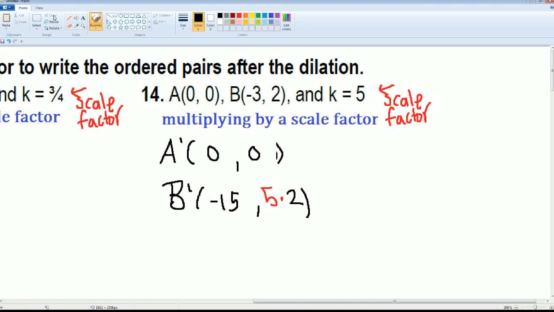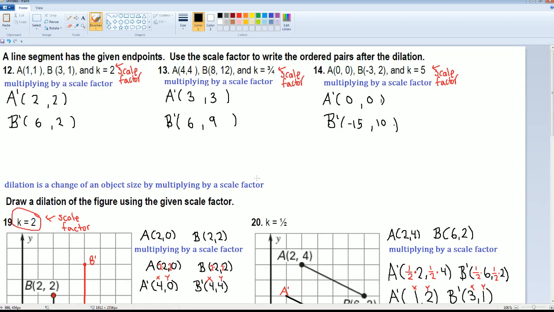And 5 times 2 became 10. Right? Because 5 times 2 is 10. So here are your points. The scale factor is bigger than 1, so it became an enlargement. Makes sense because look at the b value, extremely large. Okay? So there you go.